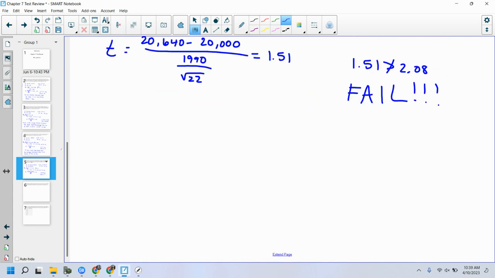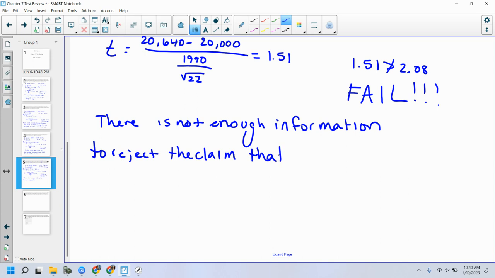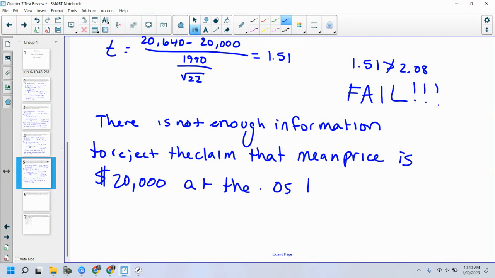In our statement, we say there is not enough information to reject the claim that mean price is 20,000 at the 0.05 level.